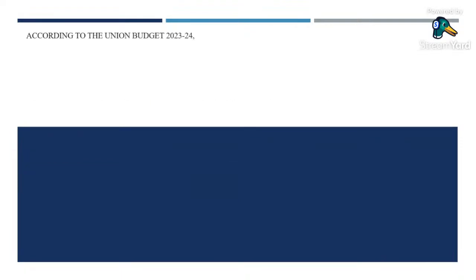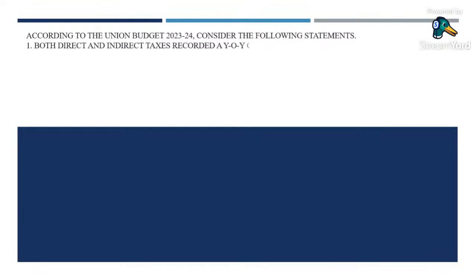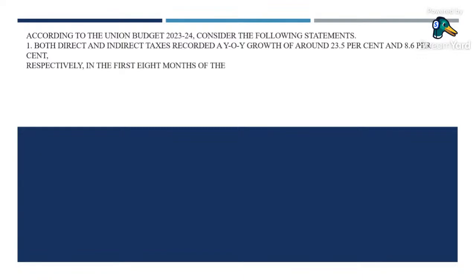According to Union Budget 23-24, consider the following statements. 1. Both direct and indirect tax recorded a year-on-year growth of around 23.5% respectively in the first 8 months of the financial year 22-23. 2.